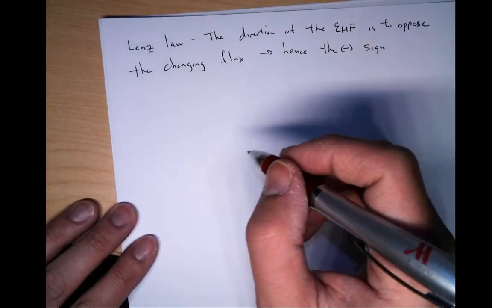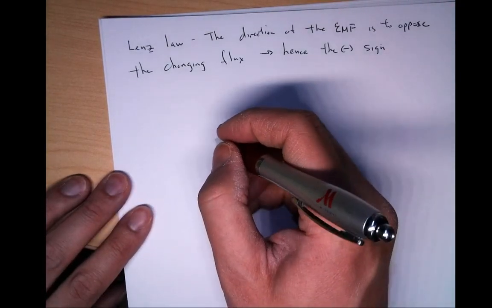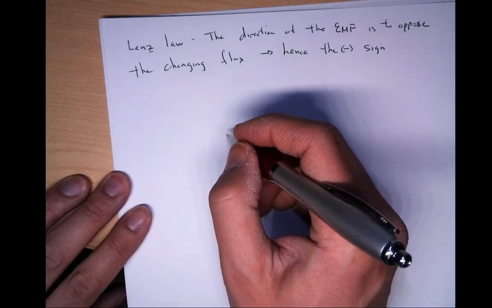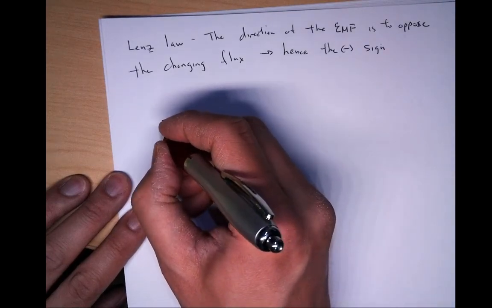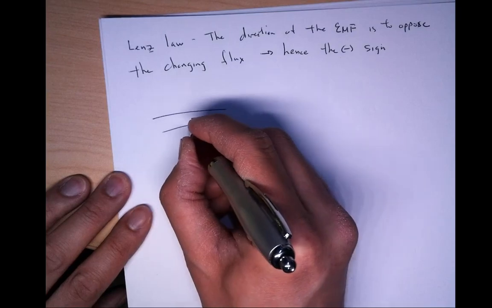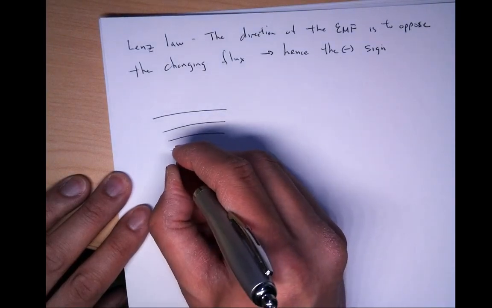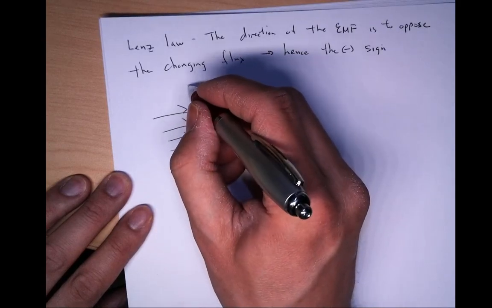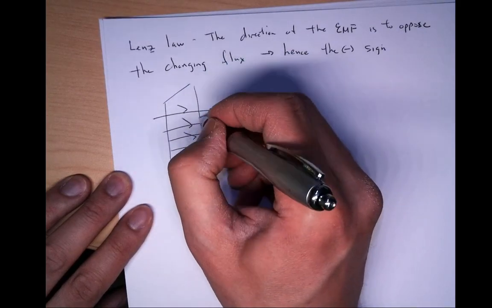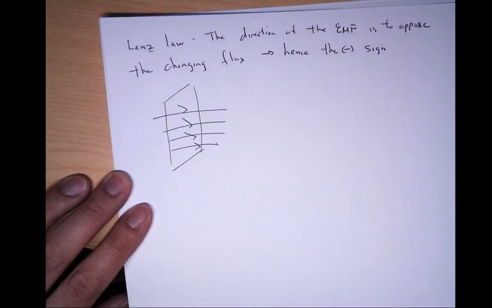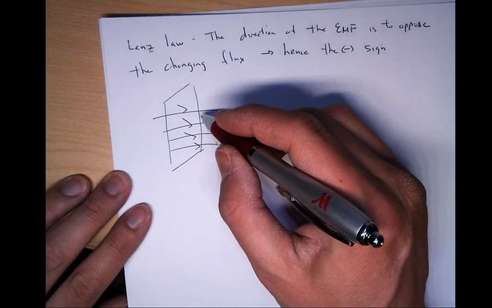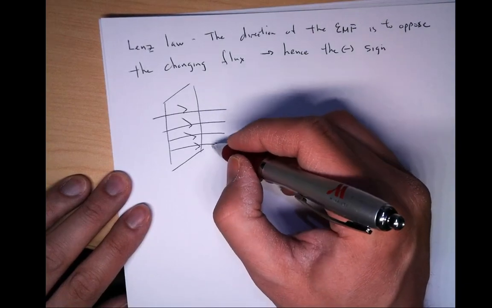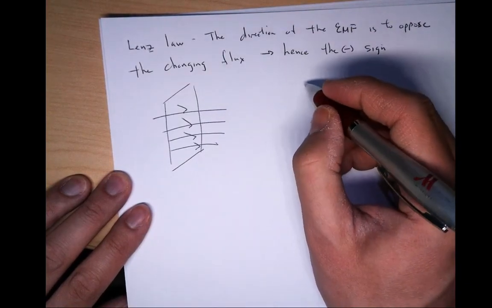So let's think about this. Suppose that you have some B field here, and then you have some surface. Now suppose I'm going from 4 B field lines to 3 field lines, so it's getting weaker.